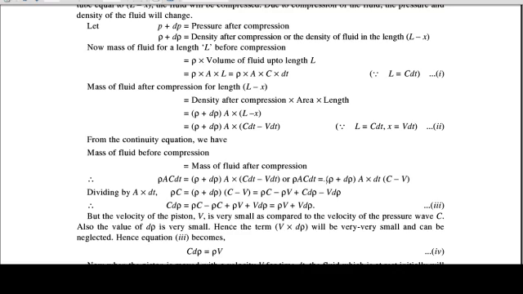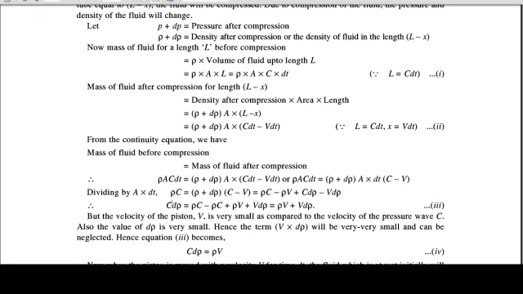Okay, so it will become (rho plus d rho) into area into, so here dt is common, so it is taken outside. So the equation becomes (rho plus d rho) into area into dt into (C minus V). Okay, so here A dt and A dt are on both sides, so we can divide both terms by A dt.